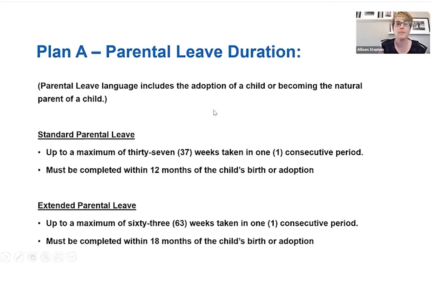The parental leave is for the adoption of a child or becoming the natural parent of a child. This could be for a mother who has already taken the maternity leave portion and is now continuing on into the parental leave, or this could be just the other parent taking parental leave.